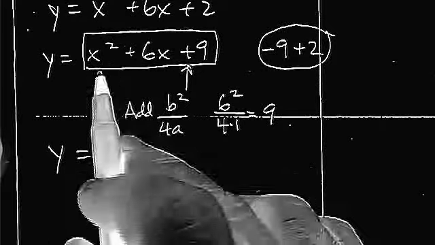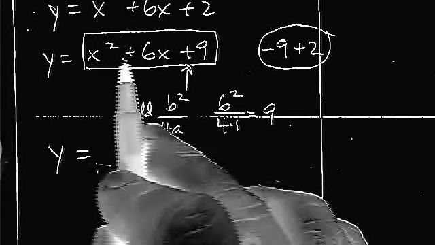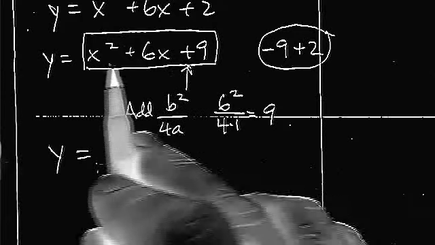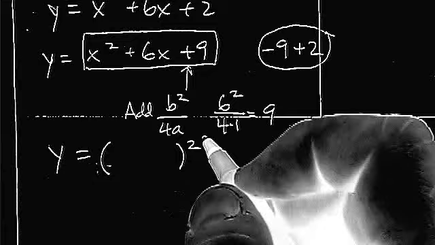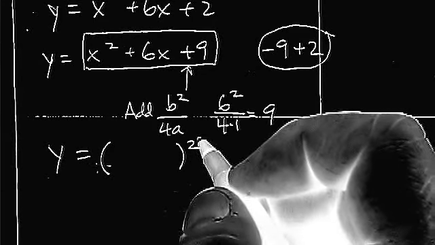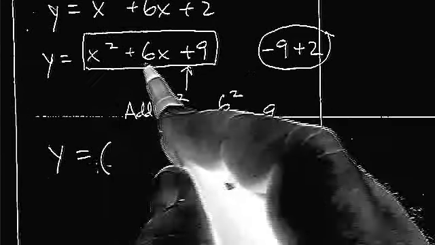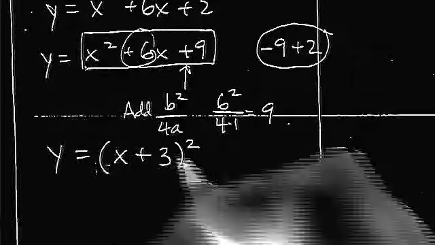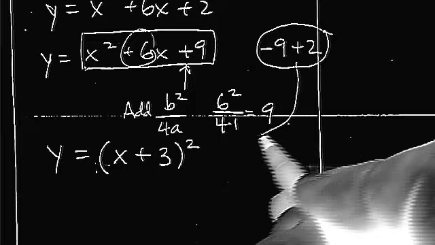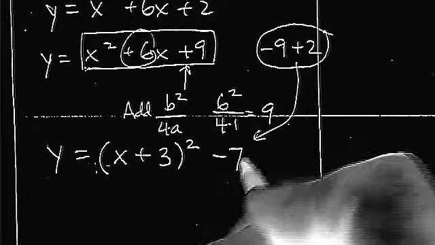One, a perfect square. And if I ask you to factor that, something times itself, you have x plus, right? x plus half of 6 would be 3. x plus 3. And then out here on the end, we have minus 7.